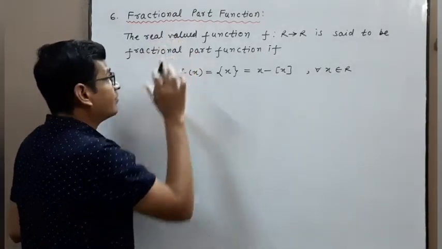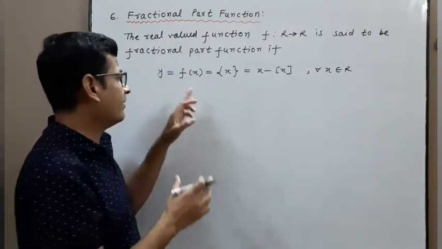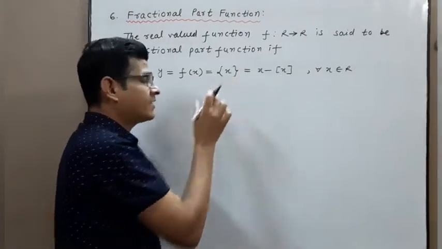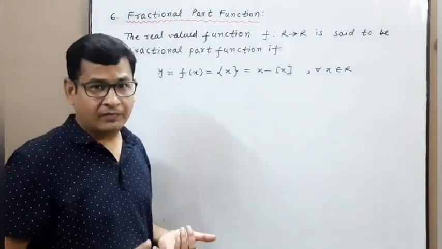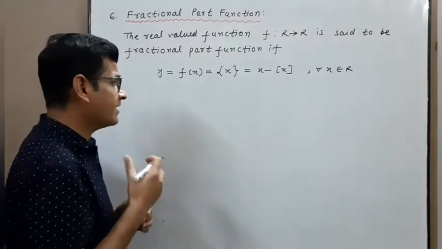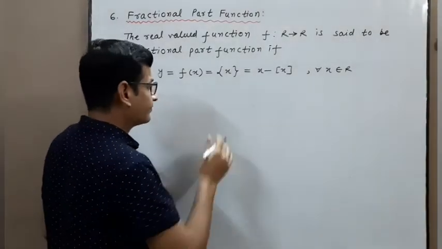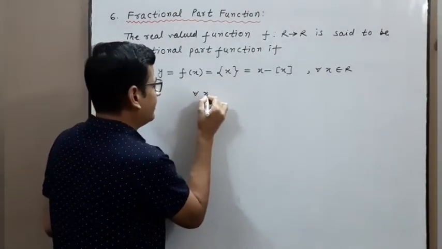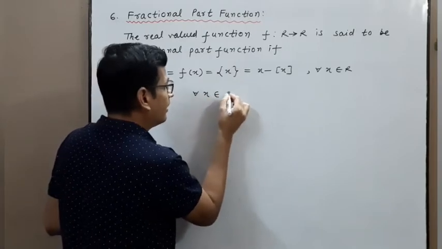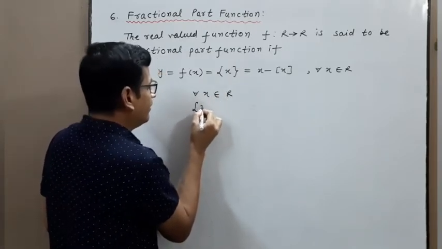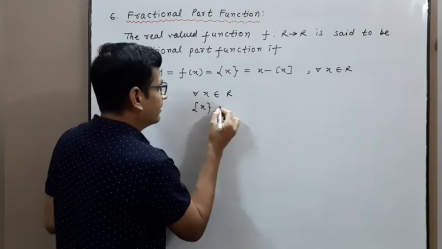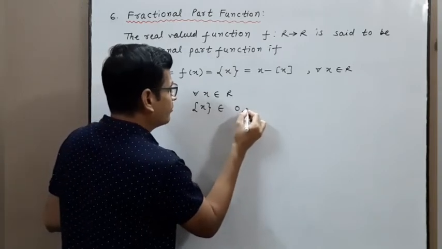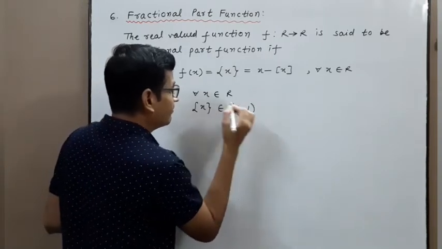The name is fractional part function. For every x belonging to R, the value of the fractional part is between 0 and 1, including 0 and excluding 1.